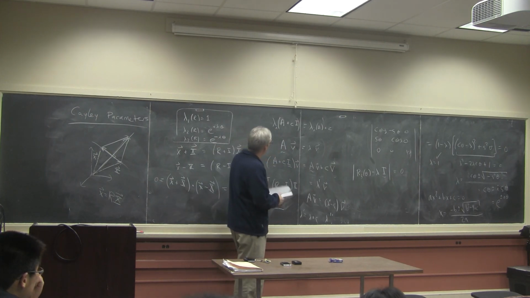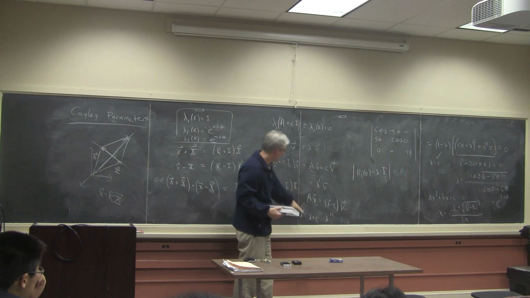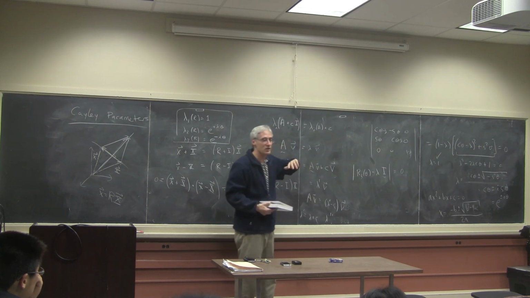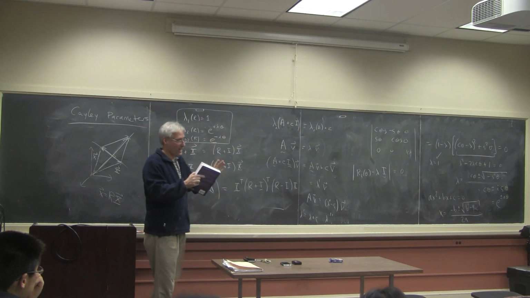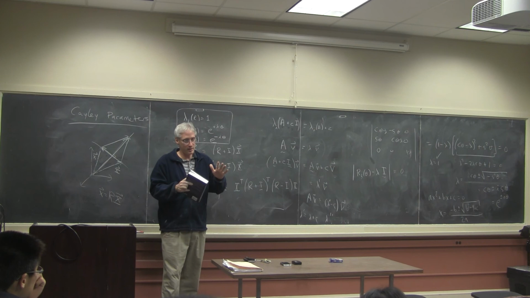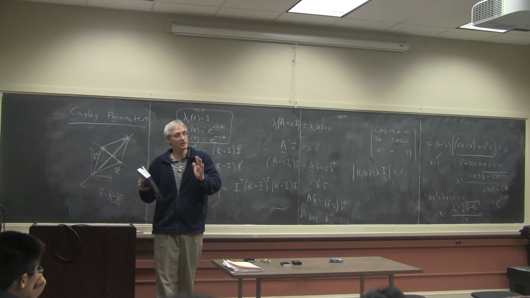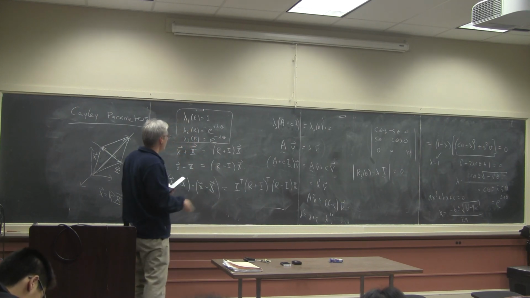So in other words, the eigenvalue of A plus C times the identity is equal to the eigenvalue of A plus C. If you take a matrix and you add to that a constant times the identity, you shift all of the eigenvalues by that constant. Okay, so why am I talking about that?